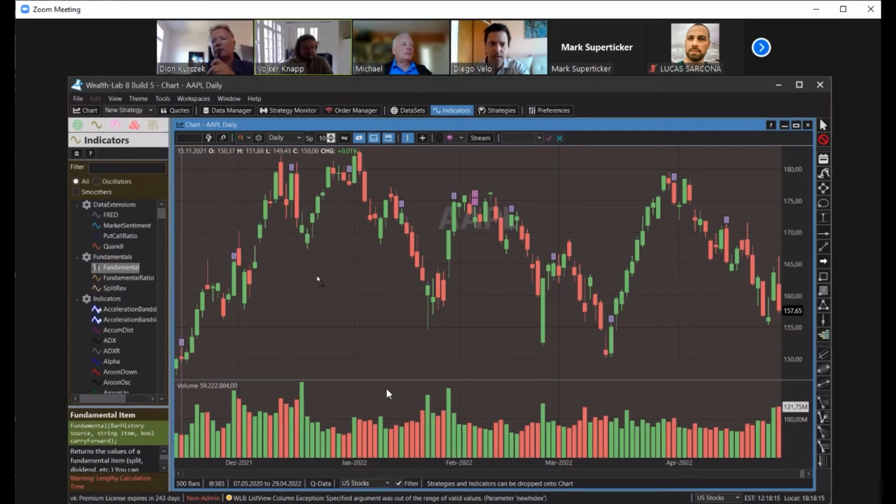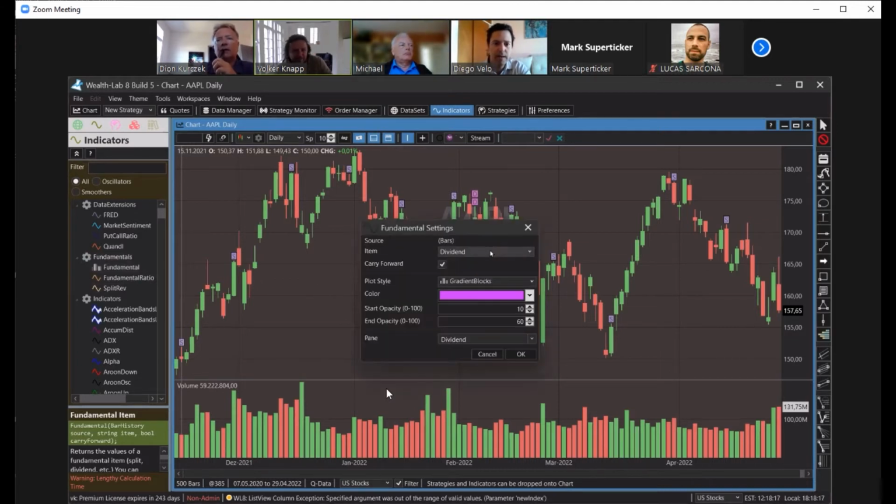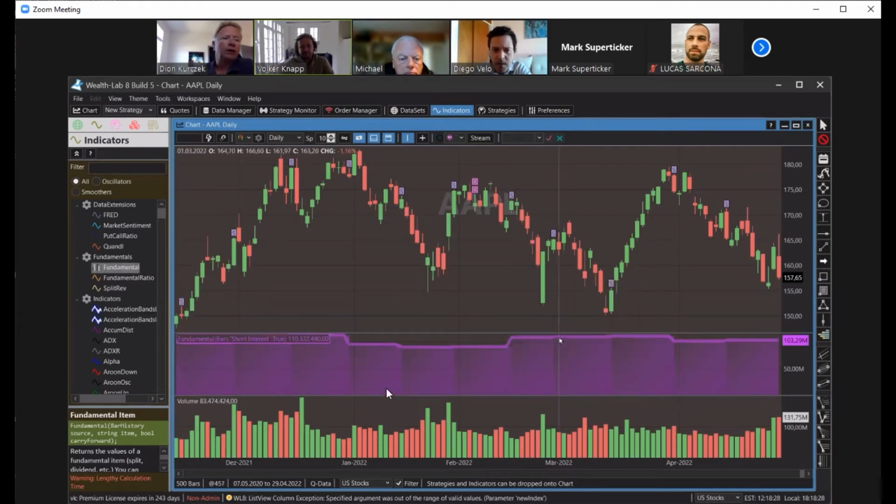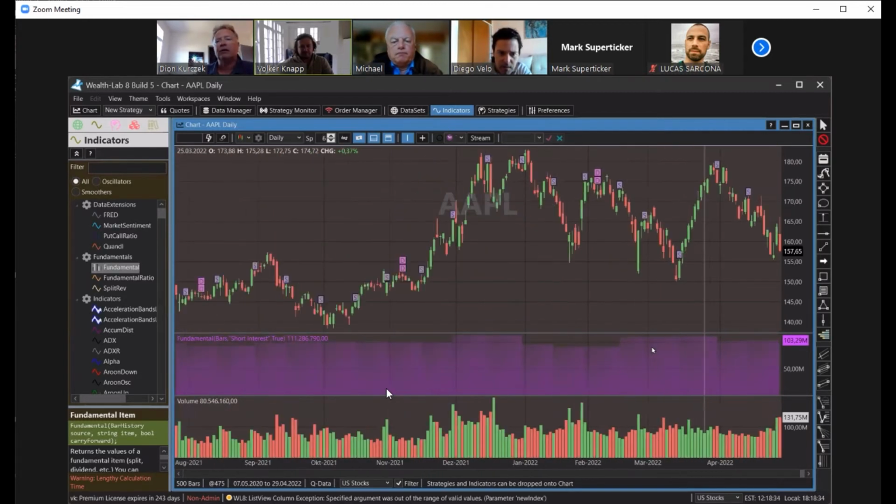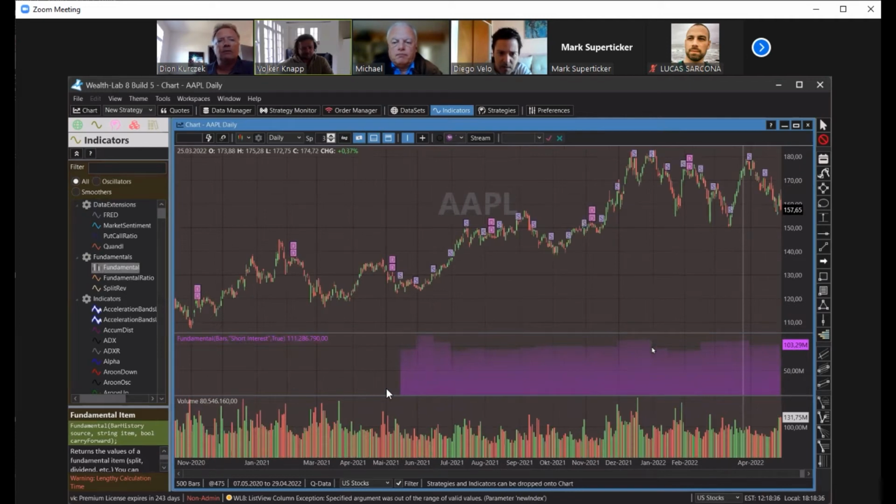Yeah, the fundamental indicator, and then select short interest. Yeah, that's fine. Just click OK. So here we can see on the chart the short interest plotted as an indicator. It looks like it goes back to 2021.